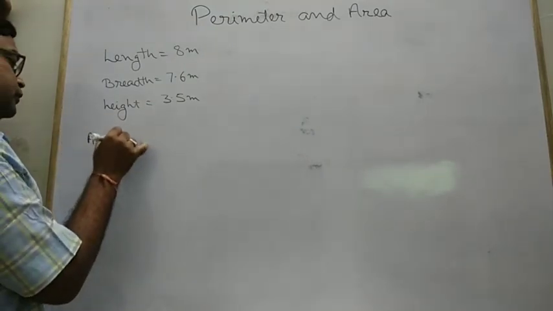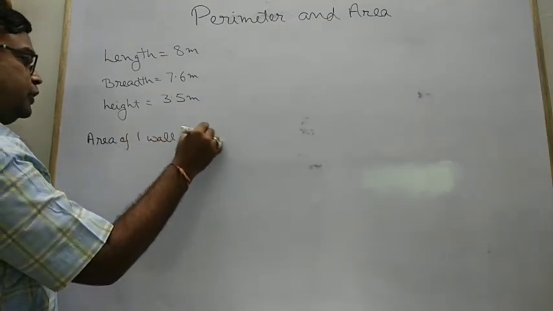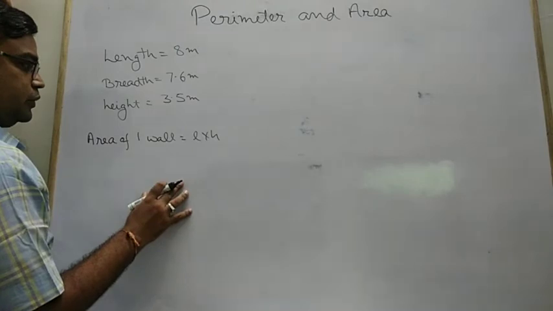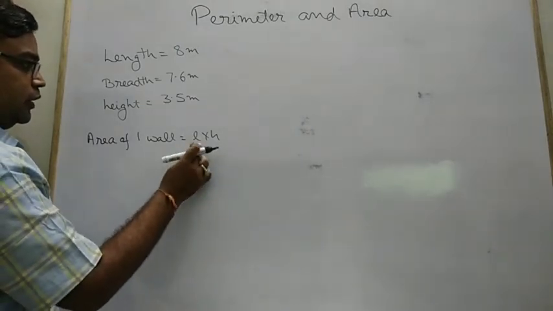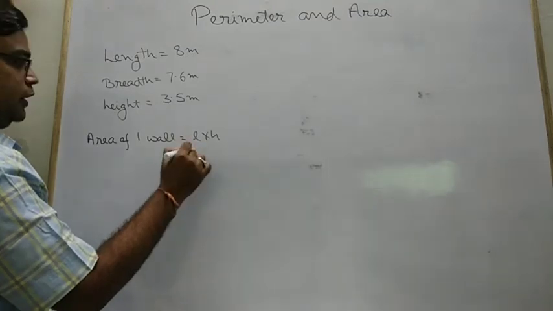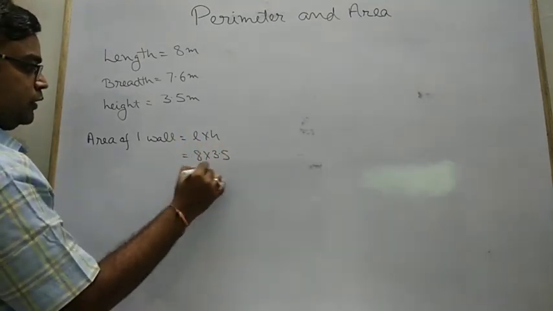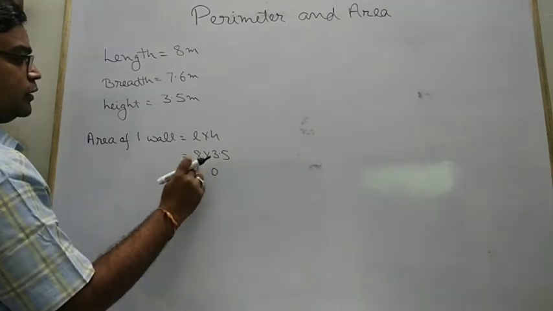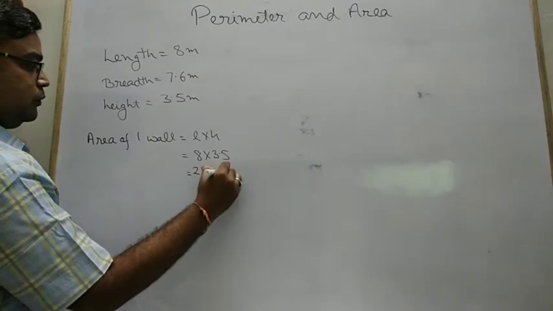Area of first wall equals to length into height. Clear? Its length is your 8, height is your 3.5. So 8 5s are 40, 4 carry, 8 3s are 24 plus 4, 28.0 meter square.